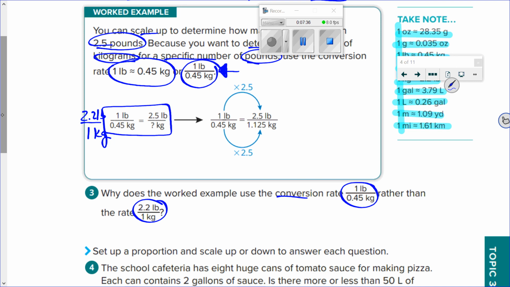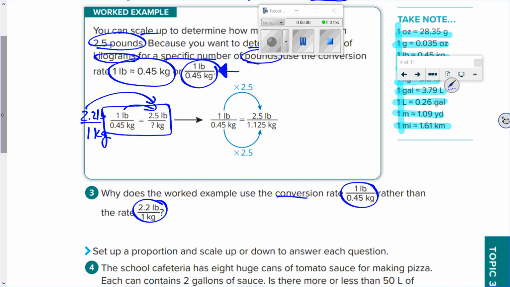Here, I'll give you a hint. Would you rather go from 1 to 2 5/10 or from 2 2/10 to 2 5/10? Serena? You'd rather do 2 2/10 to 2 5/10? Really? What do you multiply 2 2/10 by to get 2 5/10? What do I multiply 1 by to get 2 5/10? See why we do the 1?